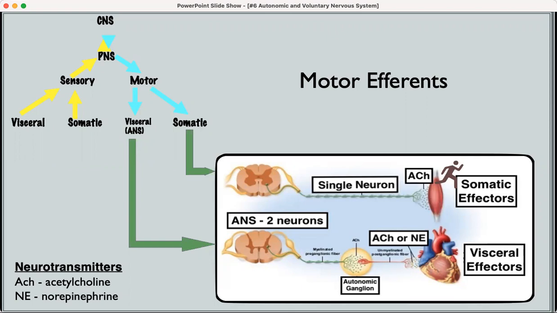ACH is acetylcholine, and NE is an abbreviation for norepinephrine. So in this autonomic nervous system response, you'll have two neurons, a pre-ganglionic neuron and a post-ganglionic neuron. And the ganglion is here where you're getting the synapse.